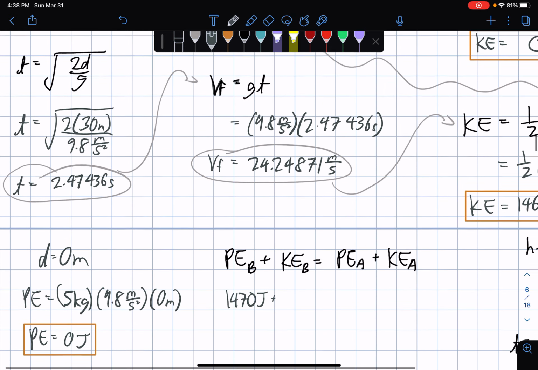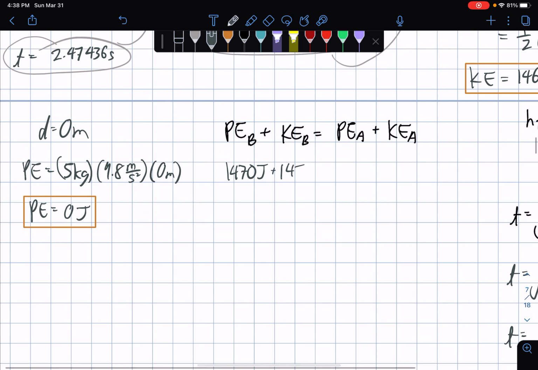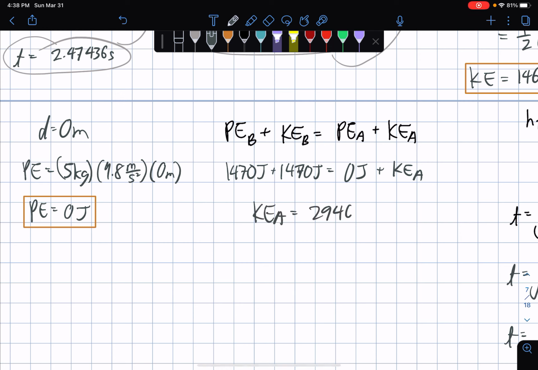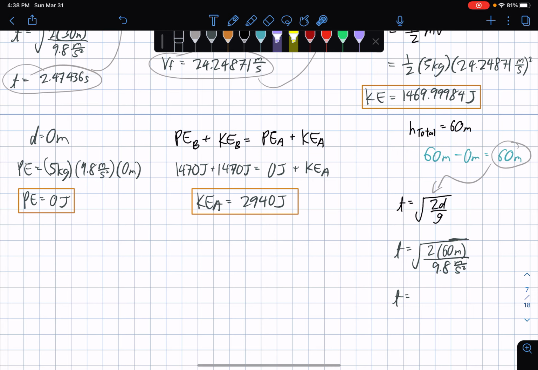Also 1470 joules. PE after is this one, what we have right now, which is 0 joules. And what we're looking for is the KE after. So basic algebra, it's equal to 2940 joules. That's the answer. We didn't have to go through the kinematic formulas again.